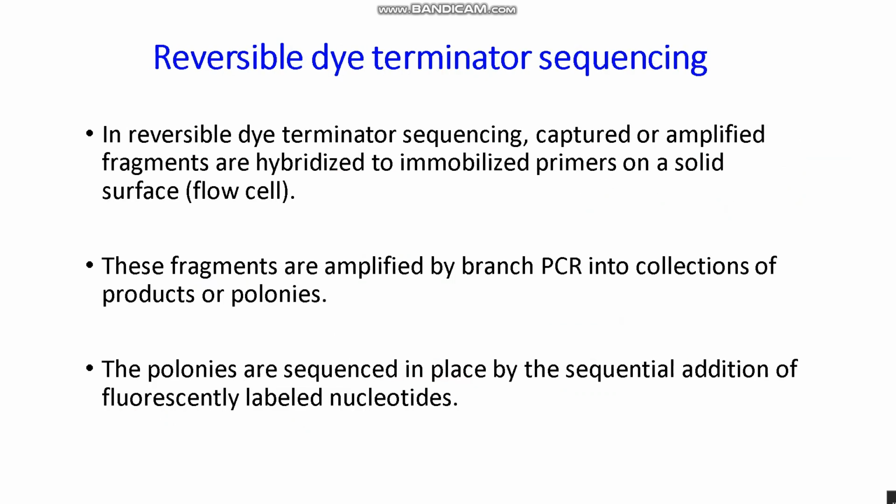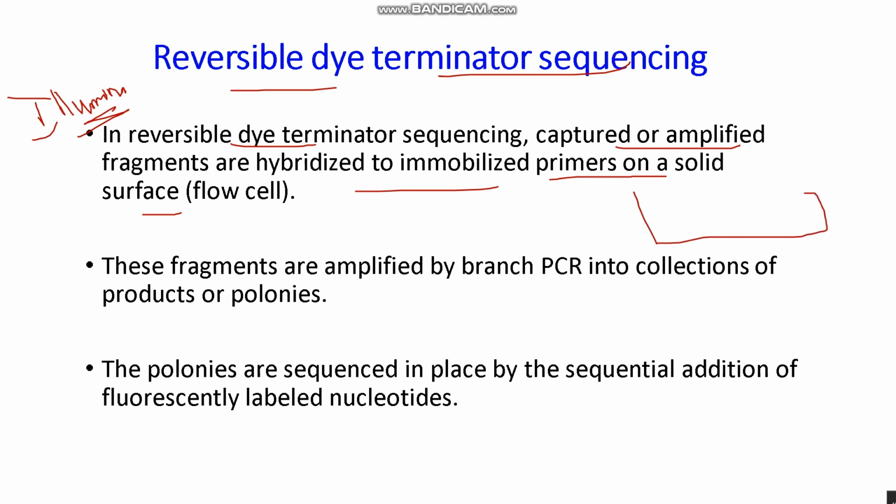In the reversible terminator method, used by Illumina, the captured or amplified fragments are hybridized to the immobilized primers on the solid surface. Again, this is a solid surface, these are the primers, and DNA fragments are joined to them.